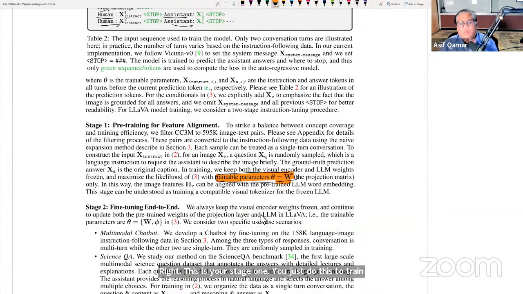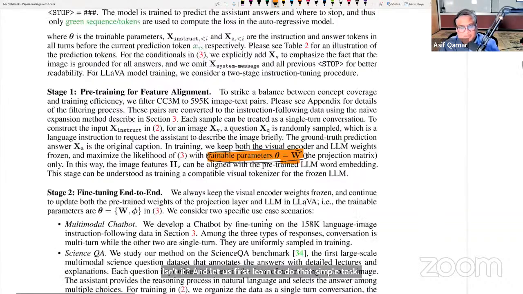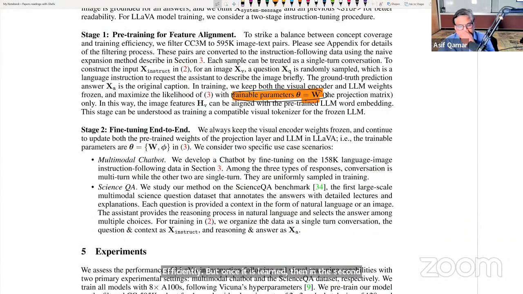You train the weight. Now, why would that be a good idea? Because that weight matrix learns how to align the image encoding to the instruction encoding, isn't it? And let us first learn to do that simple task efficiently. But once it is learned, then in the second part, which will be the real fine-tuning, the end-to-end task, this is where you now open the weights of the LLM also to be fine-tuned.